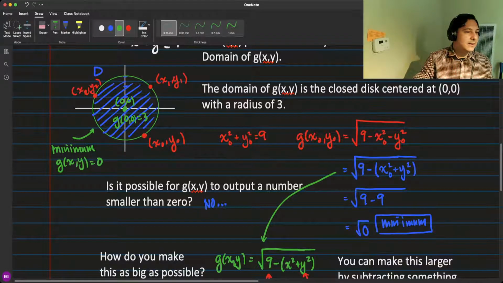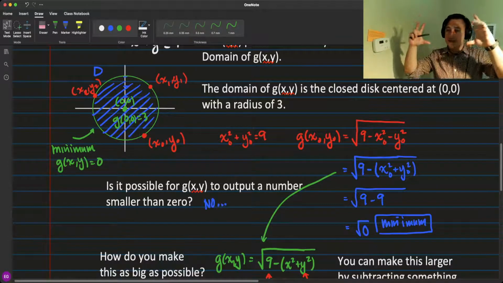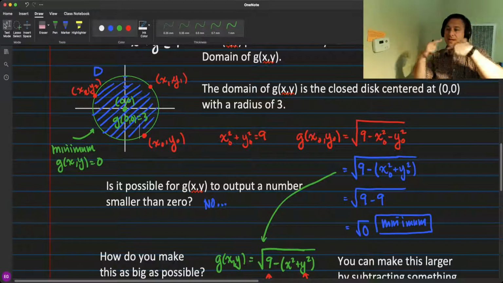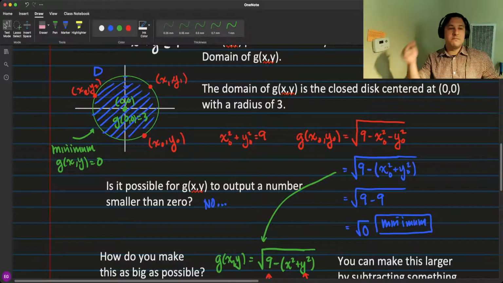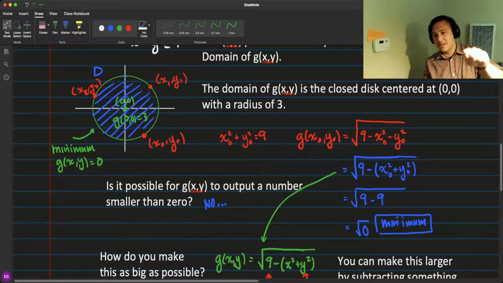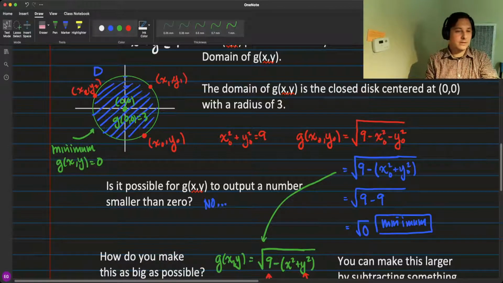Okay, so on the edge, if you take any point on the edge, you plug it into the function, you get 0. As you move into the center, you plug in numbers, they get bigger and bigger, and you max out at the origin. If you plug in the origin into the function g, it spits out the number 3.